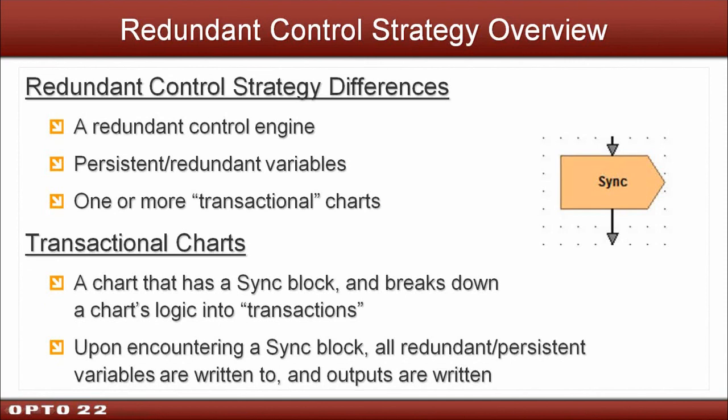One other thing, all redundant variables and I/O changes are synchronized no matter where the change or update is initiated. For example, a change could be initiated in, of course, a running chart. It could be in debug mode in PAC Control. If you write to an I/O or write to a variable, all the variables and I/Os are updated, or an operator change made from PAC Display.